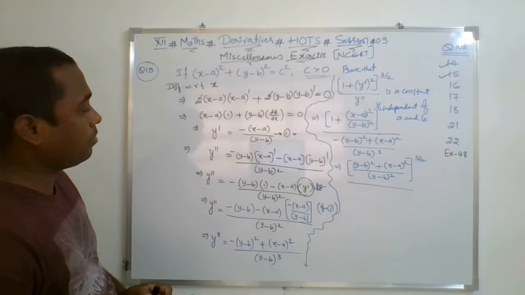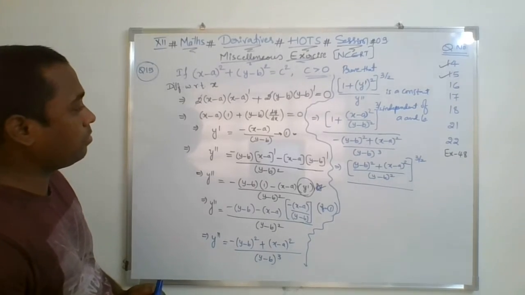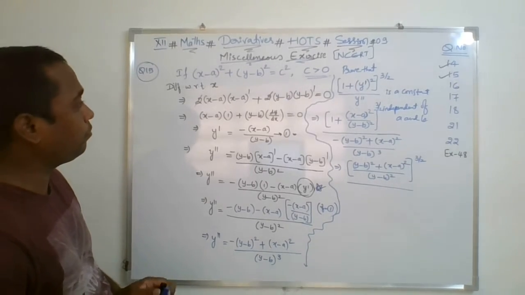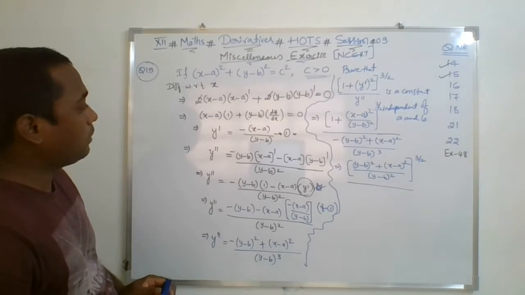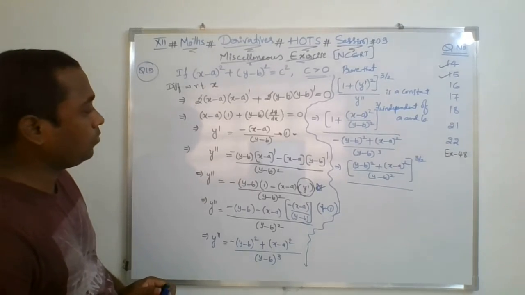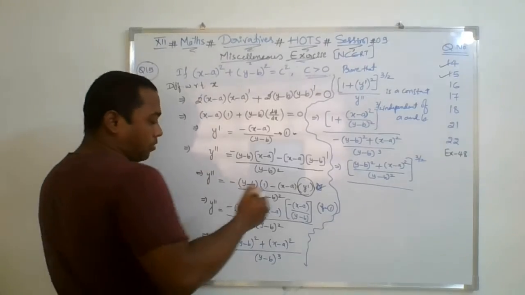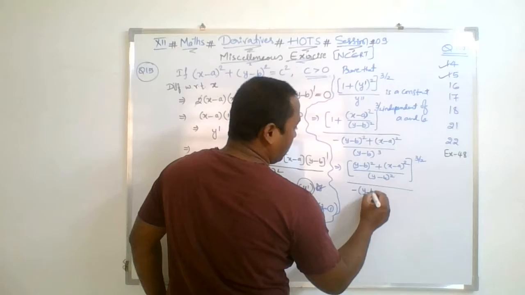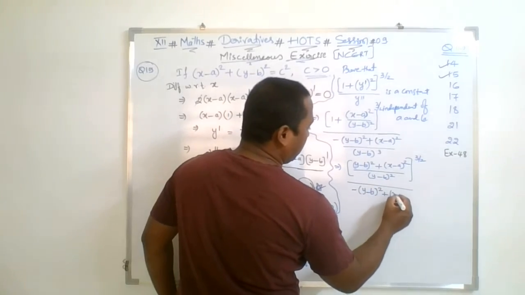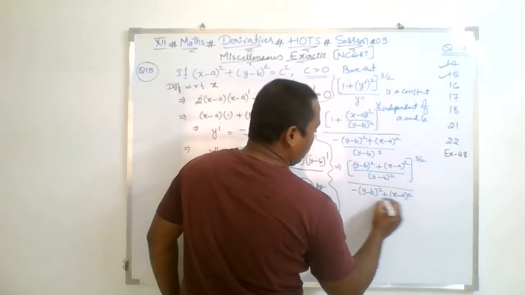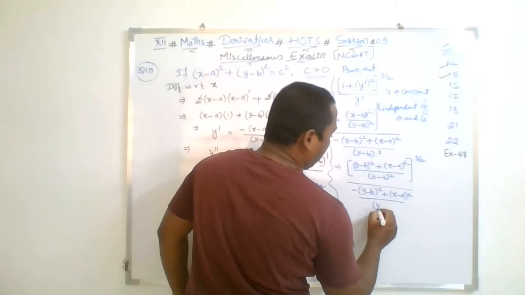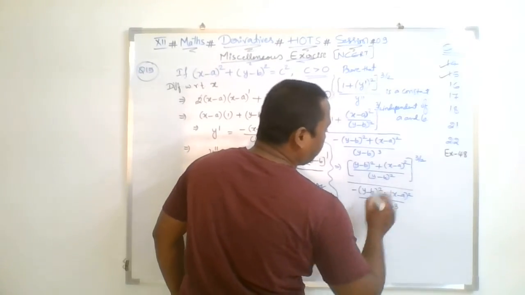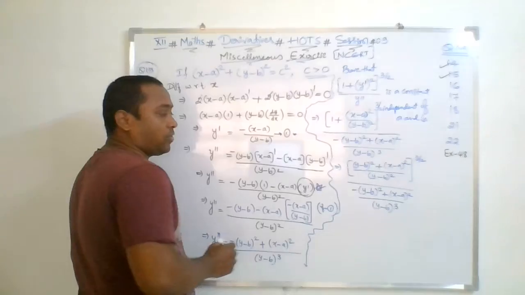Let me check. Fine, I'm continuing over here. Let's see how much it has been simplified again. There might be a change in the question or in the solution accordingly where I have made the mistake.